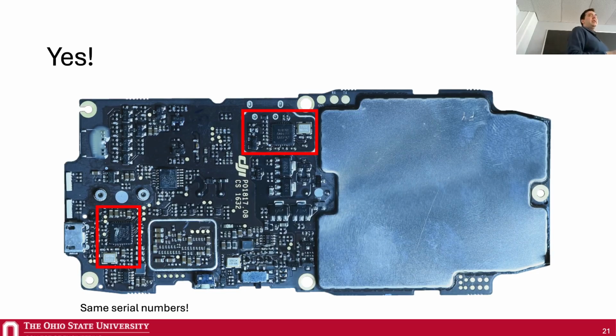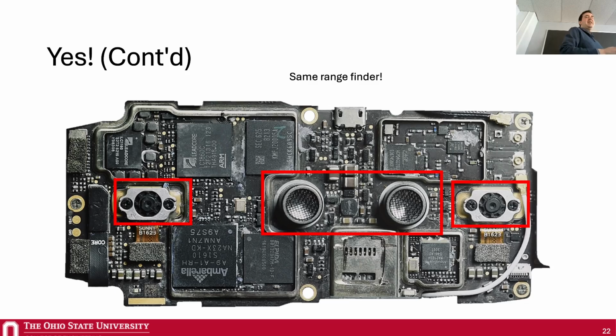And the way that we did it was we looked at some photos of the Mavic Pro, and lo and behold, we found the exact same hardware subcomponents on two positions in the board. It's a little funny that the Phantom 3 only has one set of this hardware and the Mavic has two sets, but it becomes a little bit clearer when you then look at the flip side of the board where you have one ultrasonic rangefinder and two cameras.